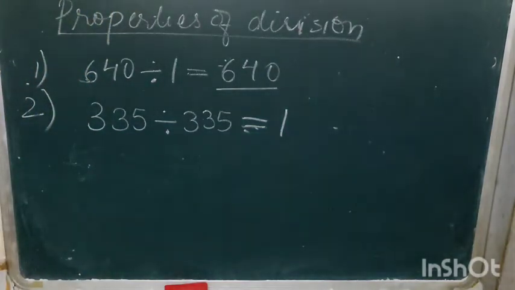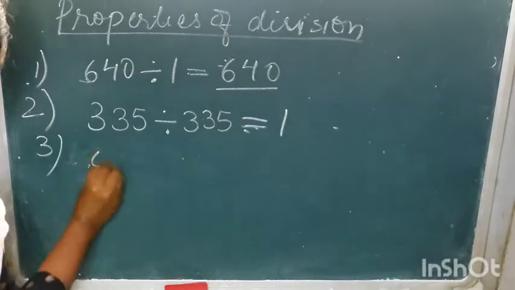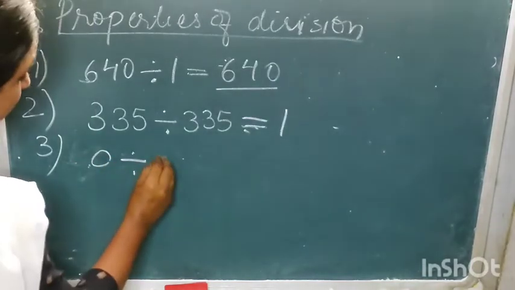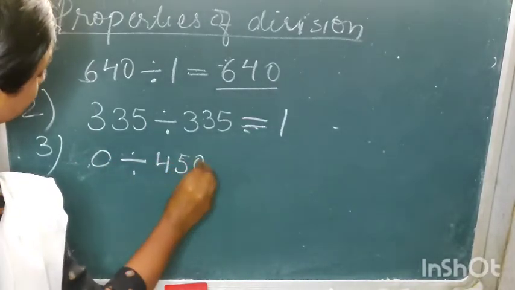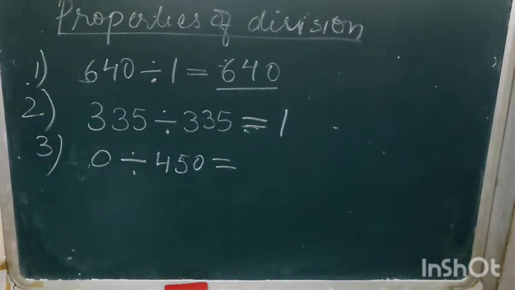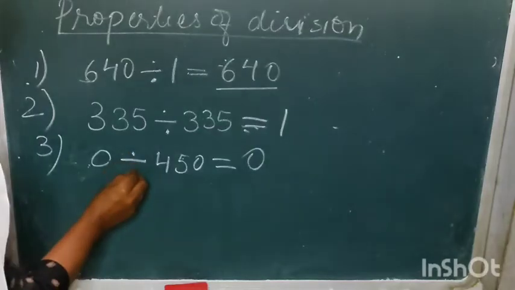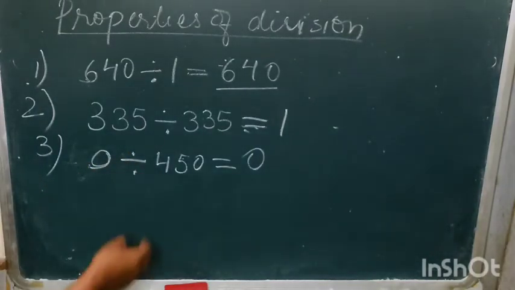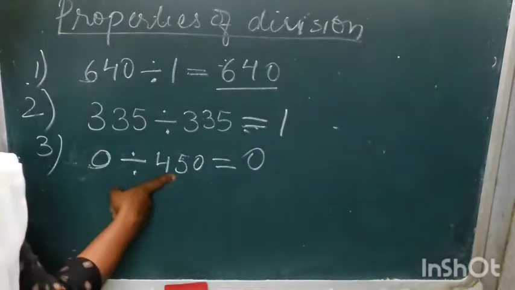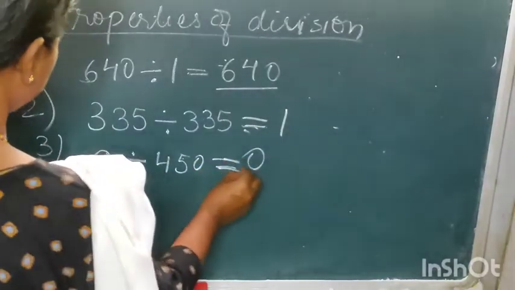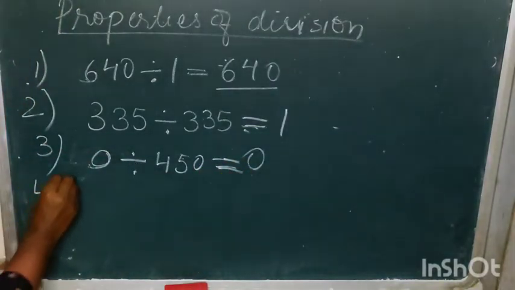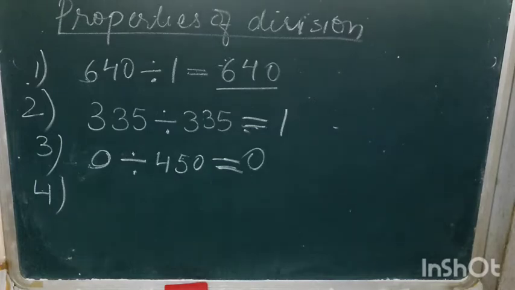Then the third property is when 0 is divided by any number. Like 0 divided by 450. When 0 is divided by any number, the quotient is always 0.